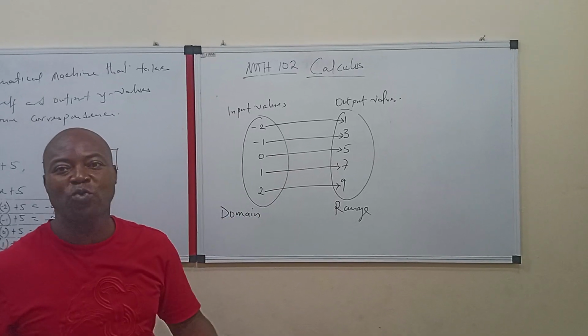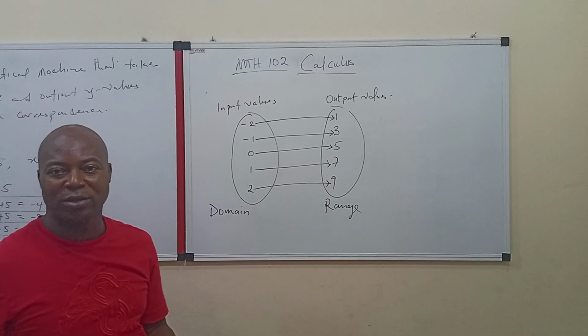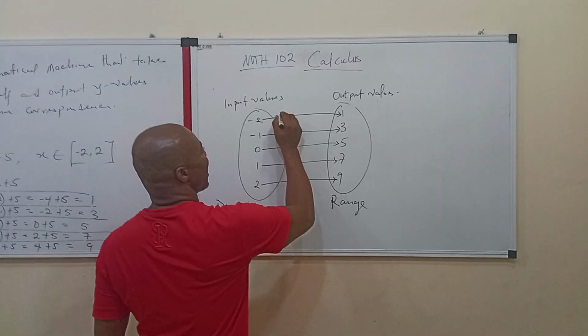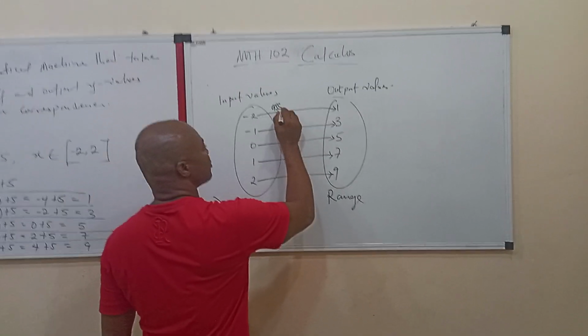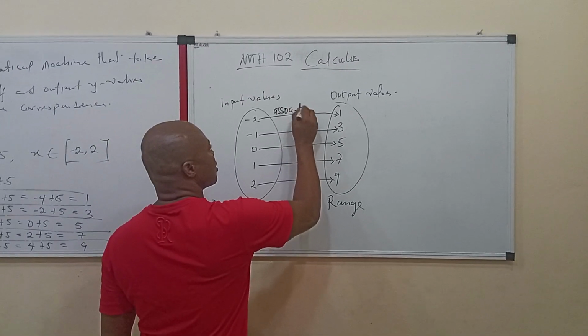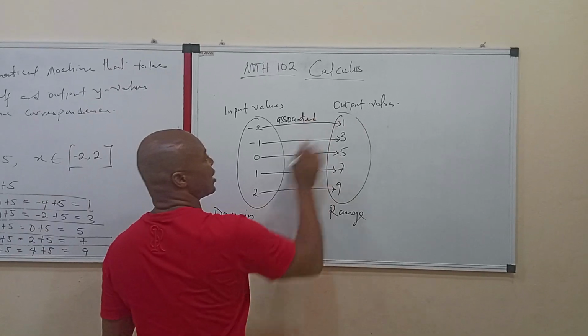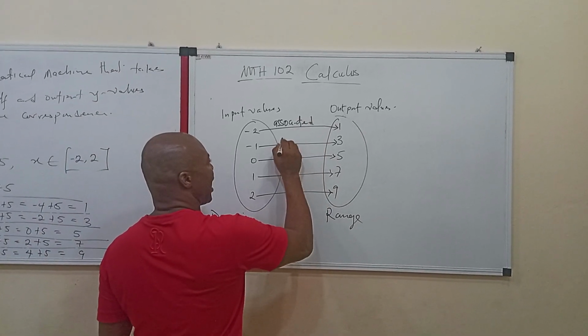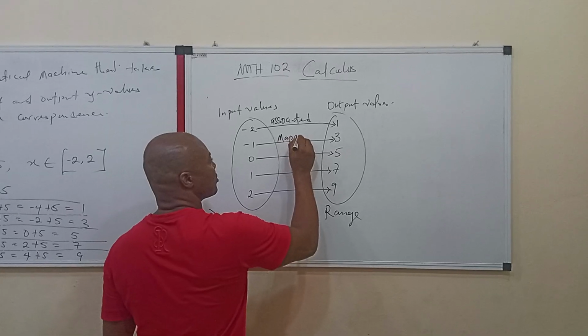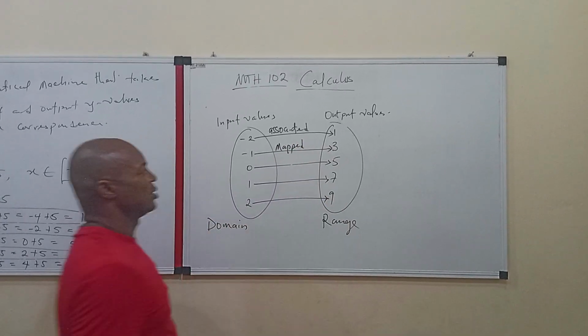These are the various ways they associate. They are associated in this way, or you say they are mapped.